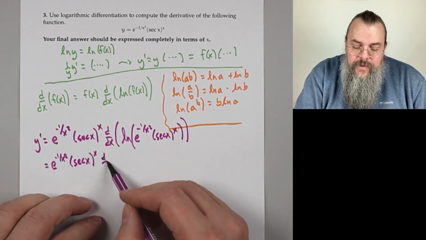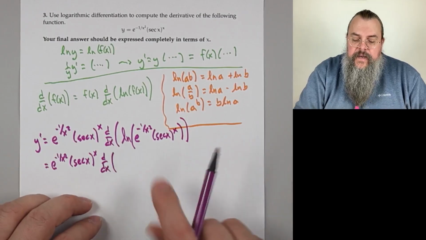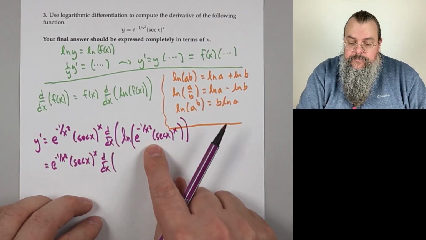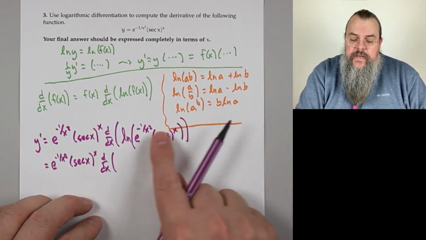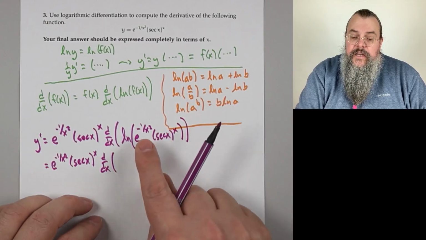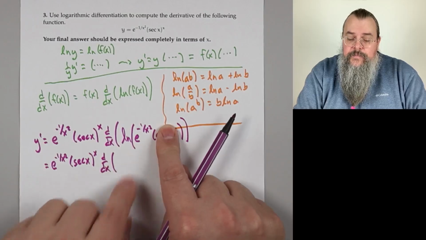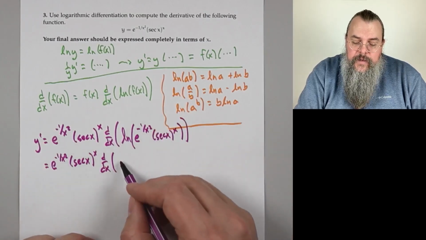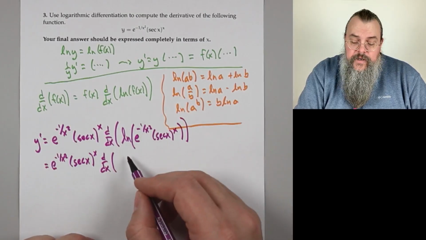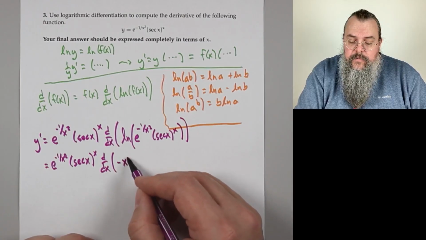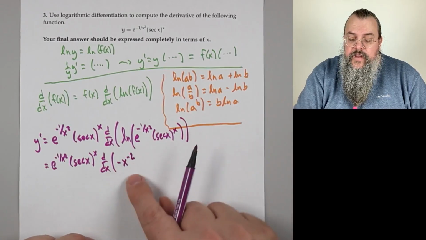Times the derivative, we haven't done any derivatives yet, and now we say, okay, I have a product here, so then I can separate them into two pieces, and here I have natural log of e to the minus 1 over x squared, so that becomes minus 1 over x squared. We can write that as minus x to the minus 2. Okay?